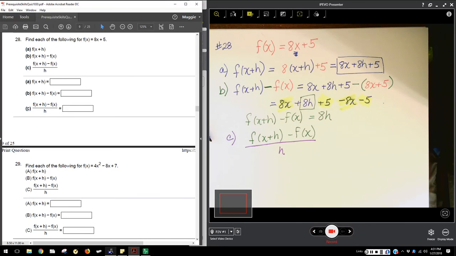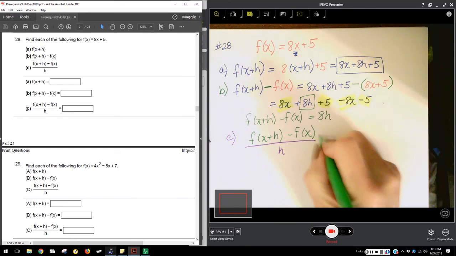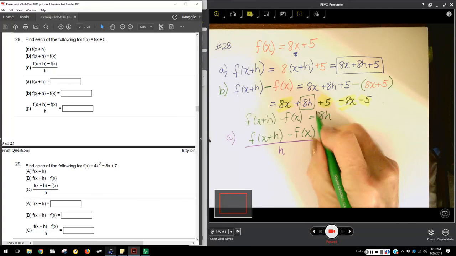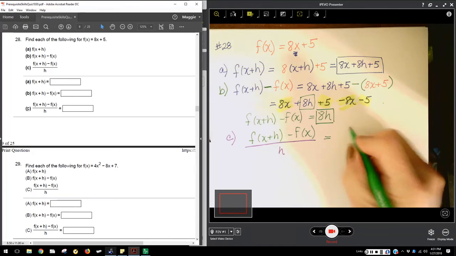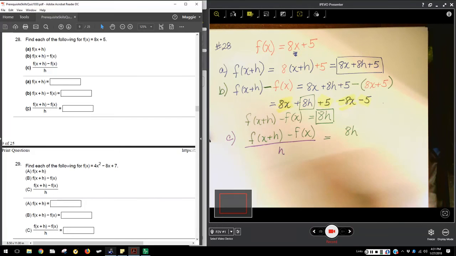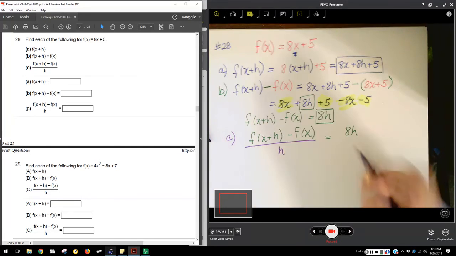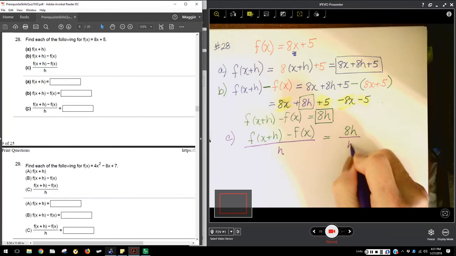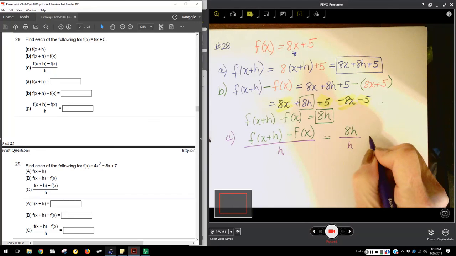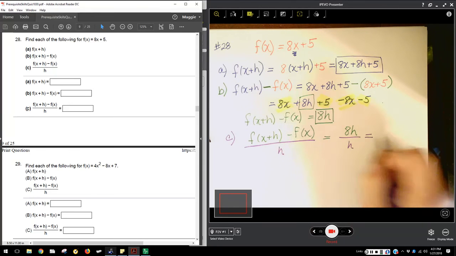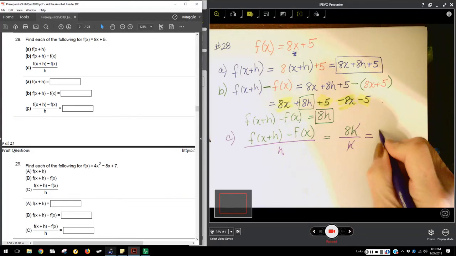Put it all over h. So what that means is I'm going to take f of x plus h minus f of x, which is 8h, and I'm going to divide that by h. And that's going to be equal to simply the number 8.